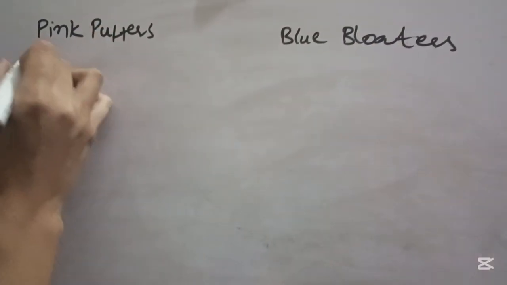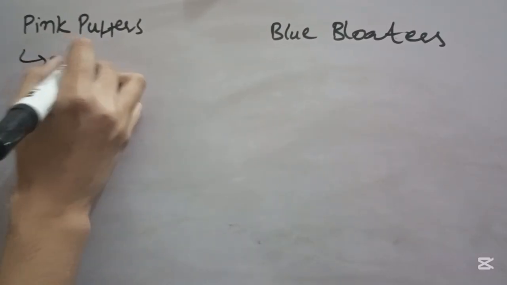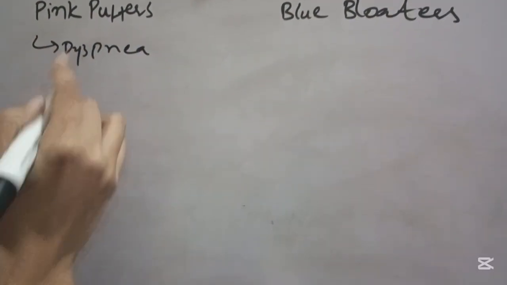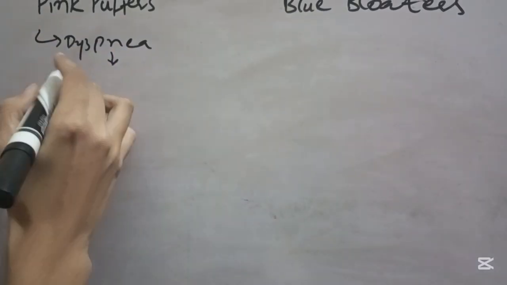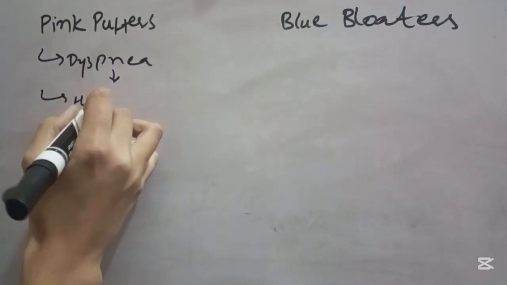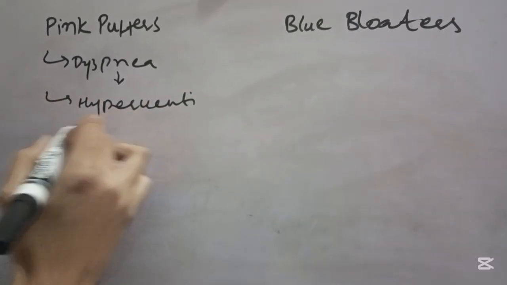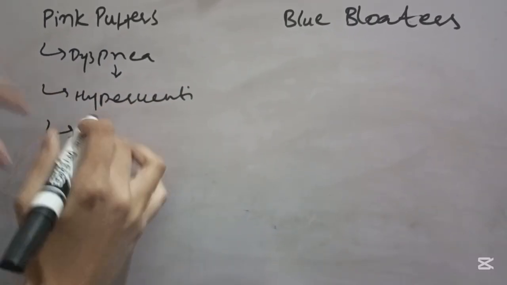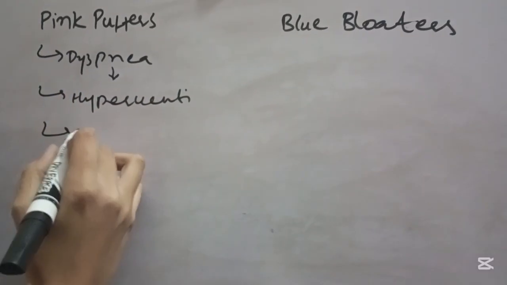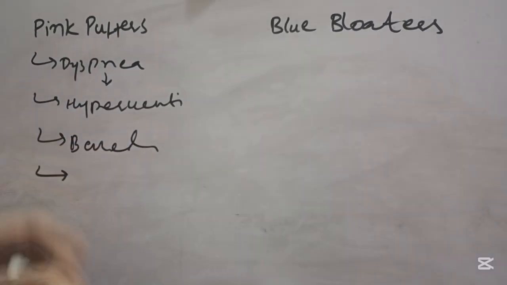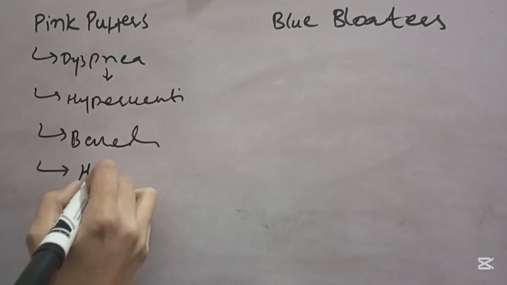In pink puffers, dyspnea is actually the first initial symptom that appears in the patient. As a result of dyspnea, the patient hyperventilates. As a result of the hyperventilation, the chest becomes barrel shaped. Next, there is a hunched over position.